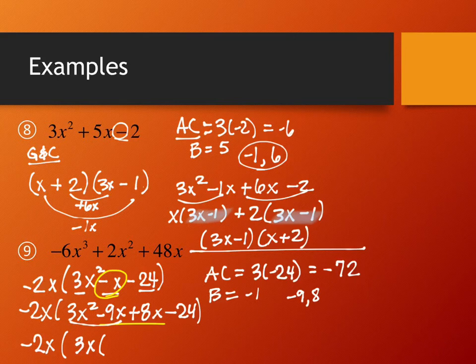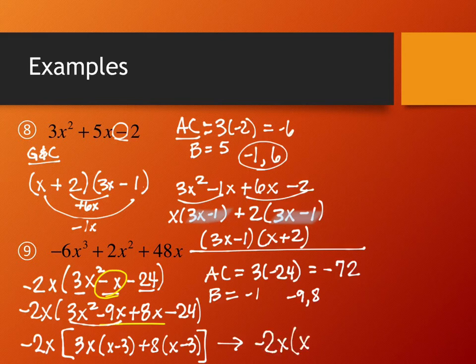I'm going to change this to be a bracket just to clarify. If I take the 3x out, I'm left with x minus 3. The 8x and the 24 have an 8 in common, leaving x minus 3. So I have the negative 2x, the factor they have in common is x minus 3, and then the pieces they didn't have in common are 3x plus 8.